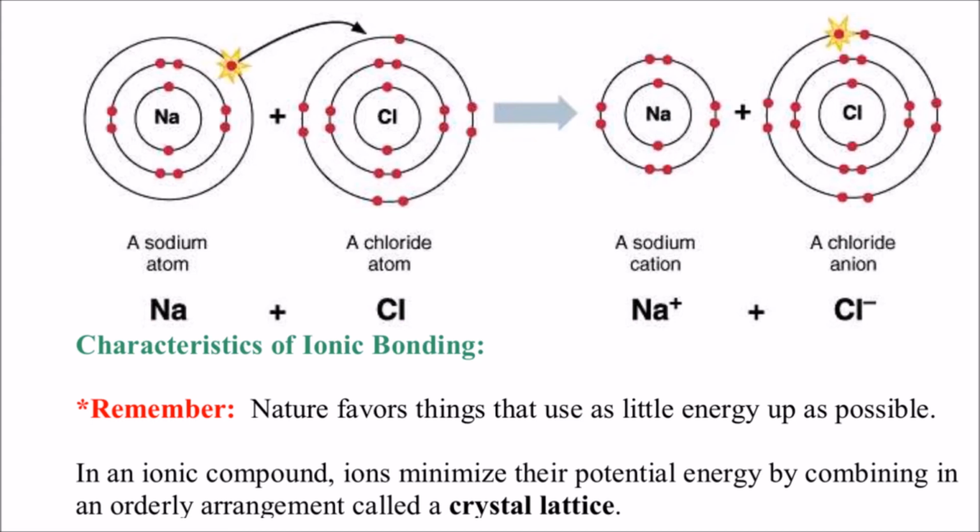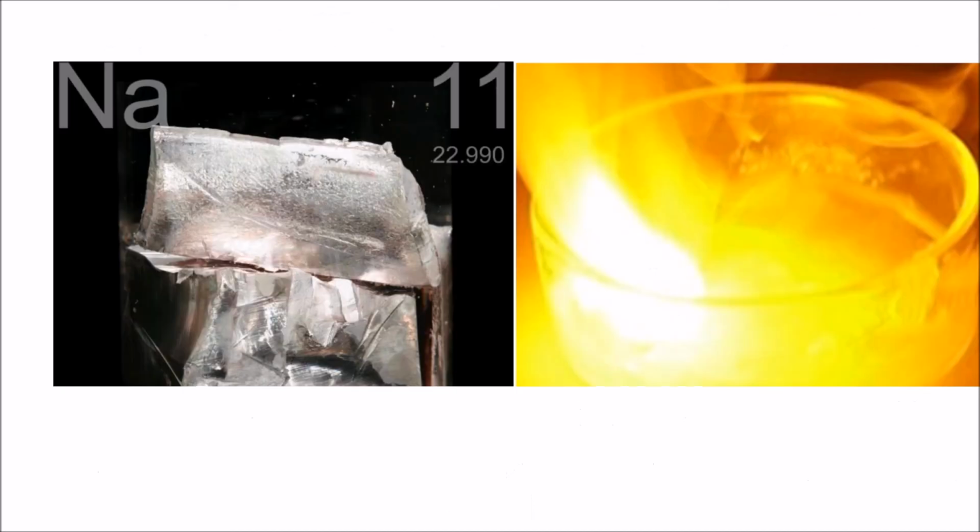So it makes them easier to steal. Okay, so this chlorine does in fact come in and steal that electron. Here it is added to the chlorine's valence energy level. So now the sodium is going to be positively charged, the chlorine is going to be negatively charged. Alright? And I also want to make sure that you understand that this sodium right here is completely different from that sodium there.